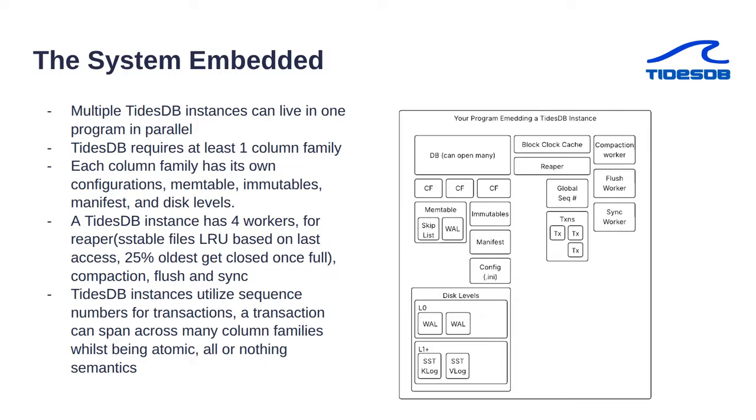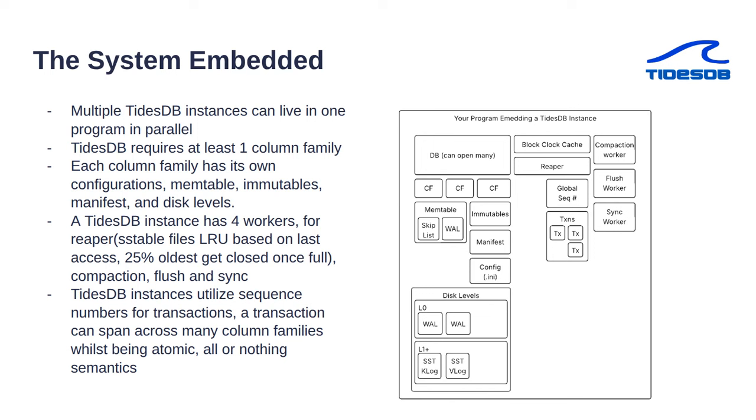A TidesDB instance requires at least one column family. Each column family has its own configurations, its own mem table, immutable mem tables, manifest, and disk levels. Disk levels have SS tables and SS table files. The mem table is a skip list paired with a write ahead log. Okay, the configuration is in any format.